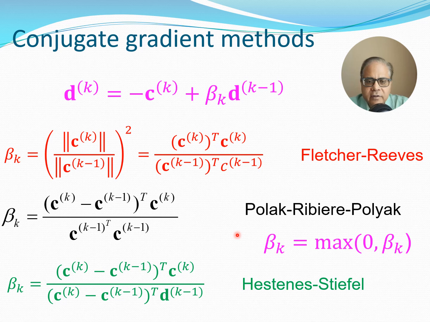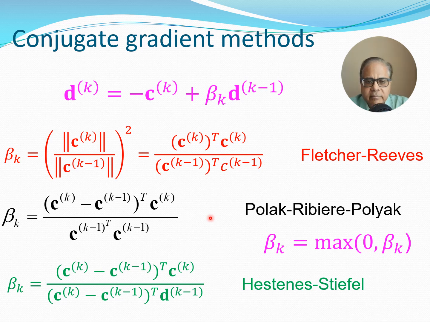With the Polak-Ribiere formula you have a slightly more complex expression, that is ck minus 1 transpose into ck in the numerator and ck minus 1 transpose into ck minus 1 in the denominator. These are basically dot products, so you get scalar values in the numerator and denominator, and when you divide them you simply get another scalar. So beta k is always a scalar value, simply a multiplying factor on dk minus 1.